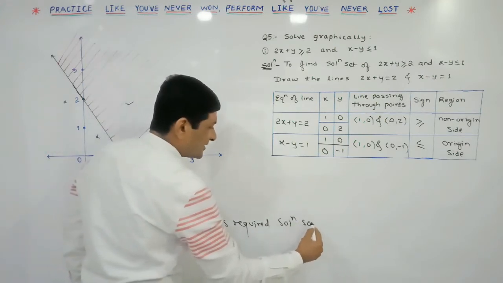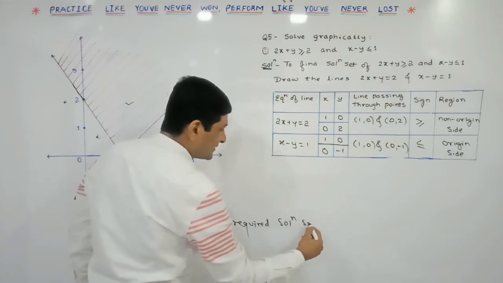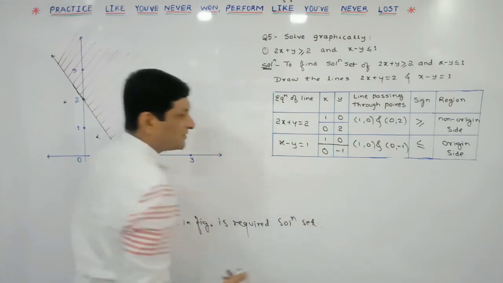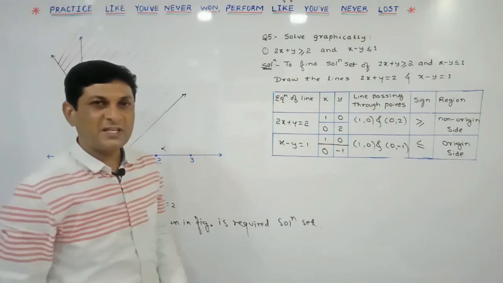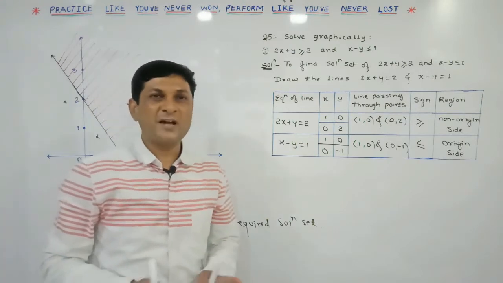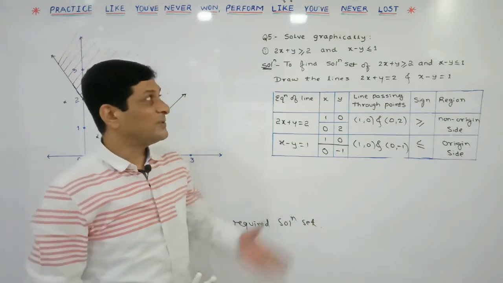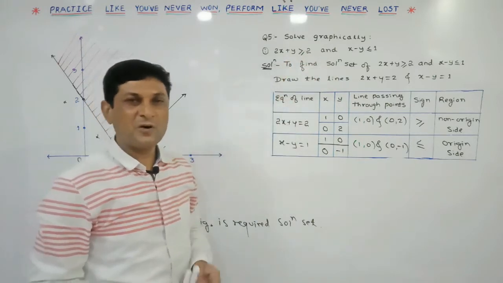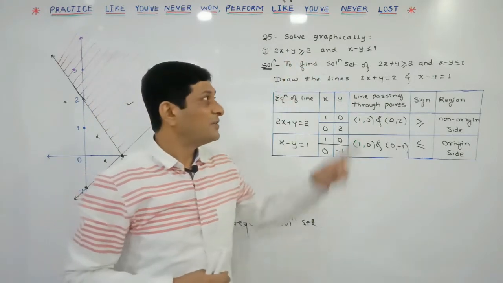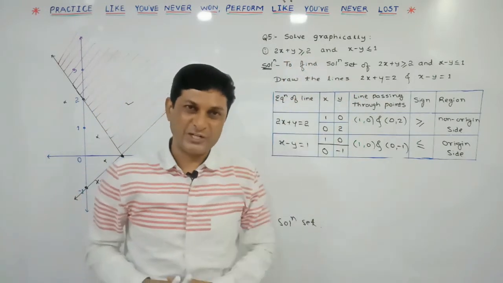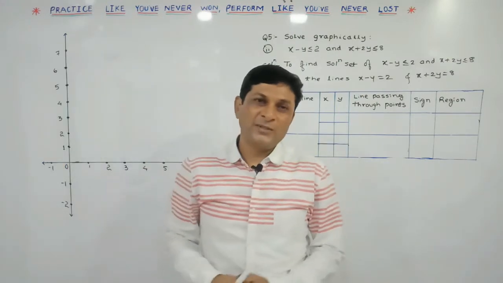Whenever we are solving the given equations or given expressions, we are finding what? The solution set. So in this way, using the graphical method, we have got the set of all such points which satisfy both these expressions. Now let us try to solve the second example.